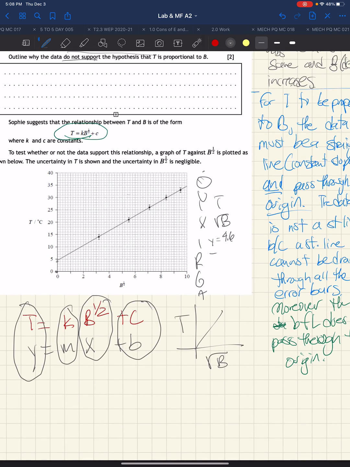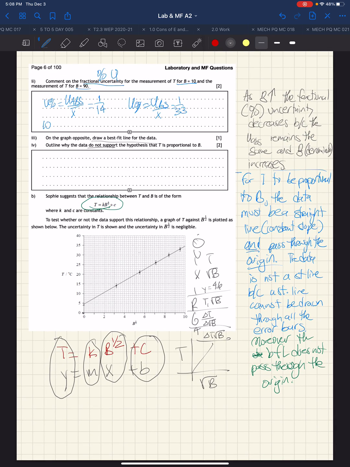The things we can read from the graph are T and the square root of B. The slope is delta T over delta square root of B. Not a known quantity, but that's what it's equal to. And the area is delta T times the square root of B. So that's what those quantities would give us, whether or not they have meaning. So we've broken this graph down now.